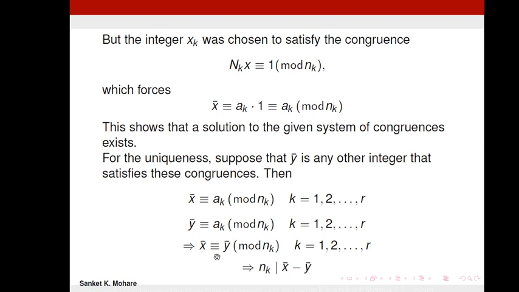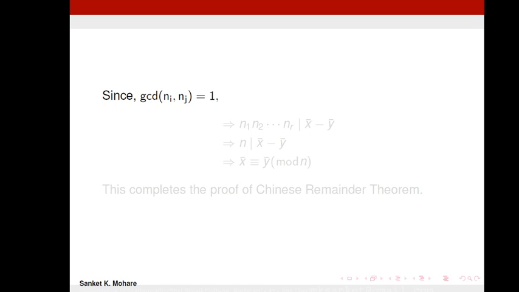This implies x bar is congruent to y bar modulo n_k, and this implies n_k divides x bar minus y bar. Since GCD of n_i, n_j is equal to 1, this is given for all i not equal to j.